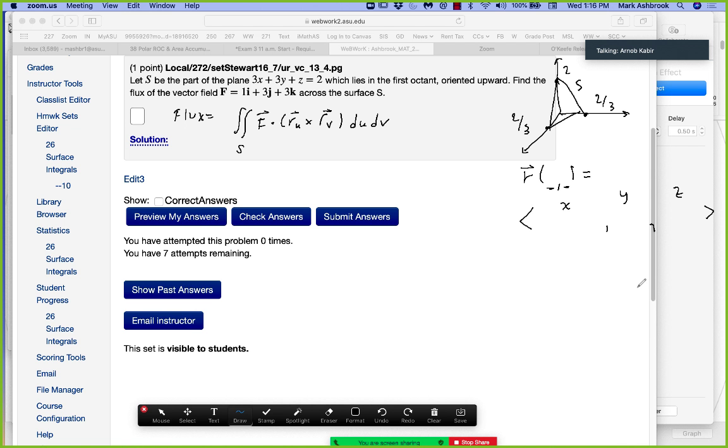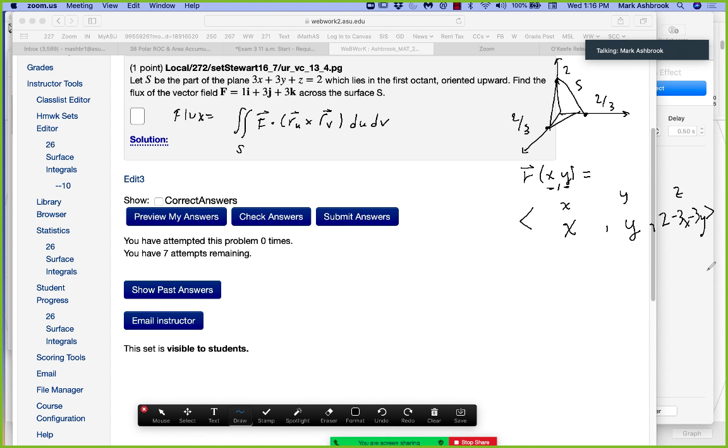X and Y. Yeah, so this is one of those situations where we can choose x and y, and then z is easily determined because essentially we have z as a function of x and y here. So we'll have x, y, and what does z equal? 2 minus 3x minus 3y. That's it.